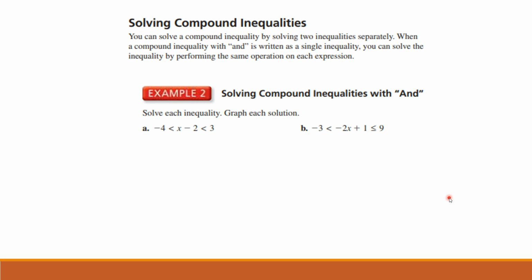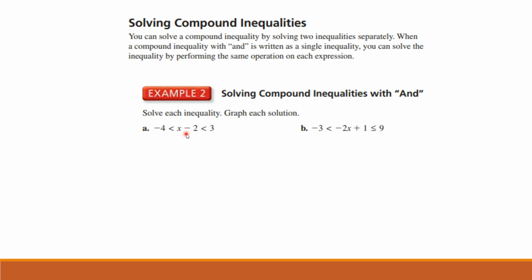Okay, you can now solve a compound inequality by solving two inequalities separately because we've seen that they are two separate parts. When a compound inequality with and is written as a single inequality, you can solve the inequality by performing the same operation on each expression. So we have two examples of a compound inequality because we see that the variable x is in the middle expression in both examples.